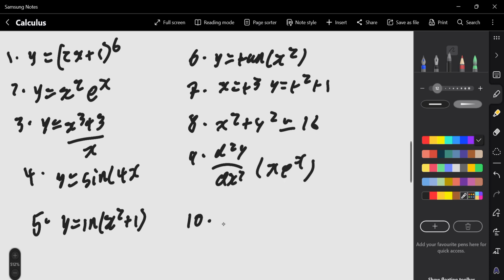And the last question: xy plus x plus y equals 7. Do it. Let's give it a go. Try it yourself. Let's do these questions.